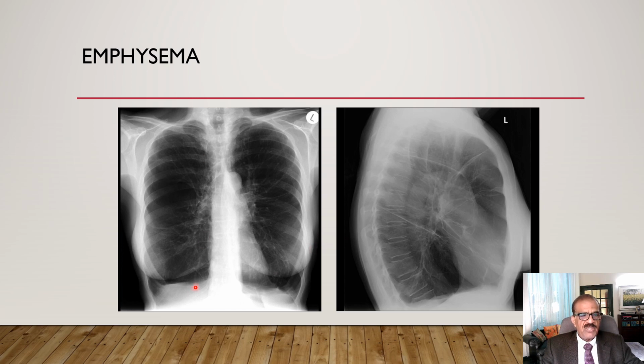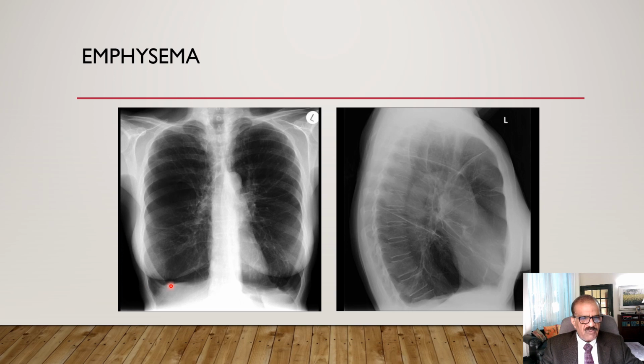But here, just the basics. You can see this is a case of emphysema. There are two things which you can appreciate. Vertical lung fields are increased and overall translucency is increased because there's more air than lung tissue, so this is more translucent, and the diaphragms are low and flat. You see these diaphragms, they are low set and flat, and this one is also rather blunted.